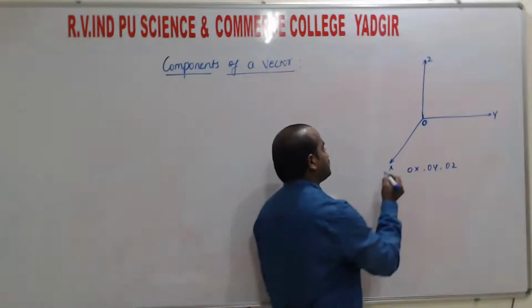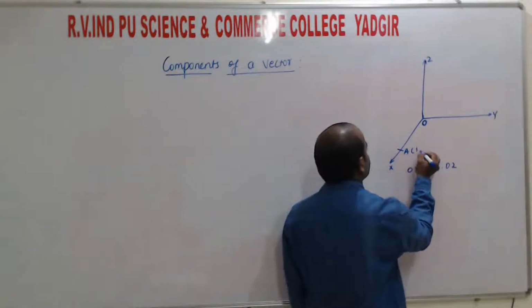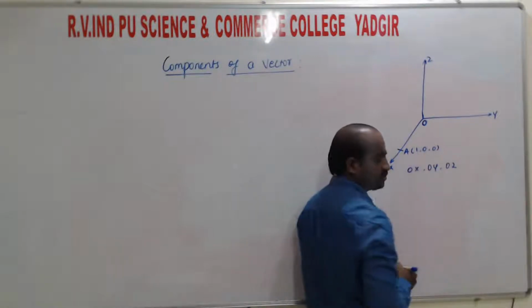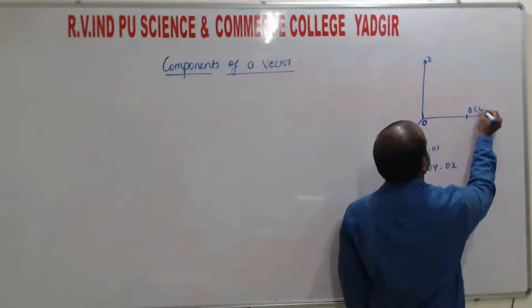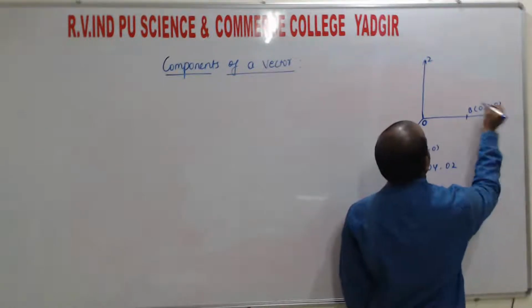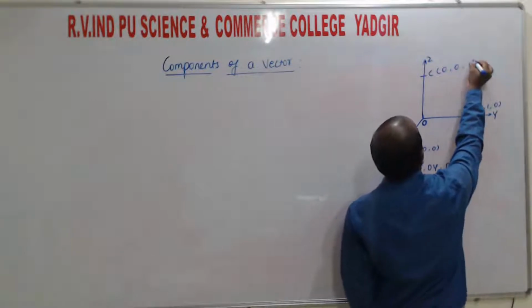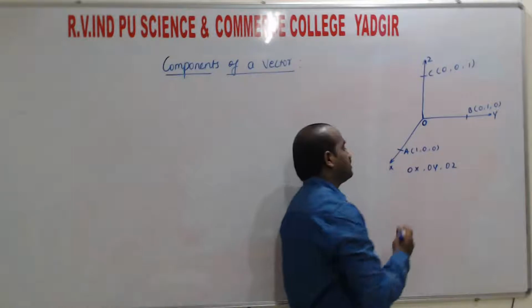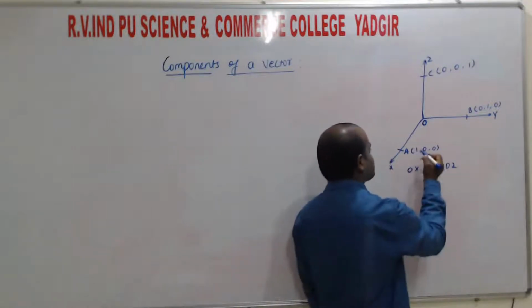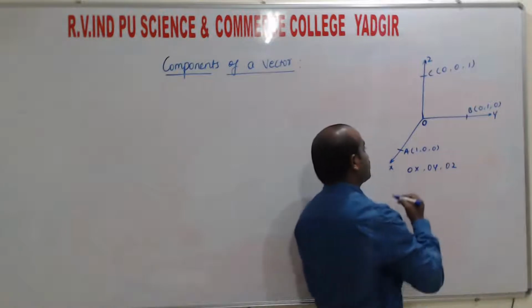Next, let us fix the points: A is 1, 0, 0, B is 0, 1, 0, and C is 0, 0, 1. On the x-axis, in three-dimensional space, the y and z coordinates are 0. You know this already.